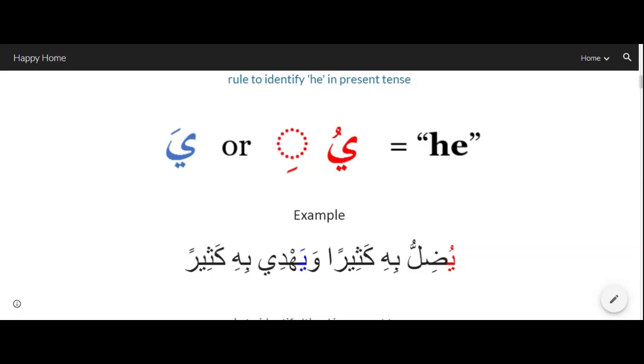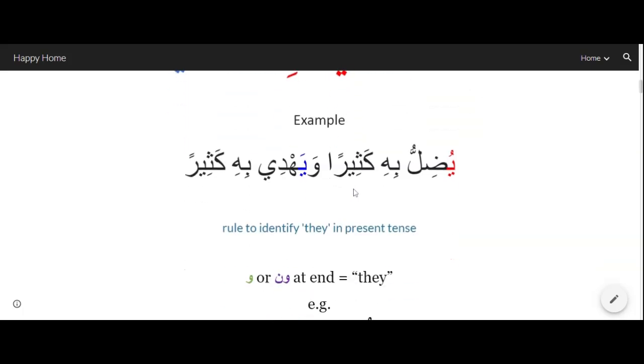So here it follows this pattern, and here this follows this pattern. The first letter is Ya, and here the first letter is Yu followed by Kasra. So this is a very good sentence in which you can get both the rules together.